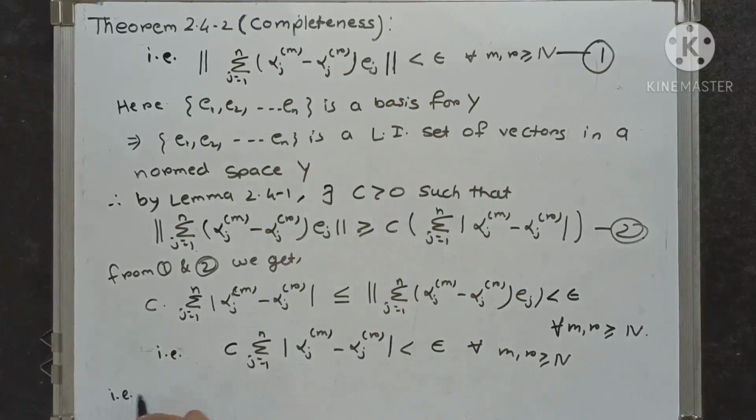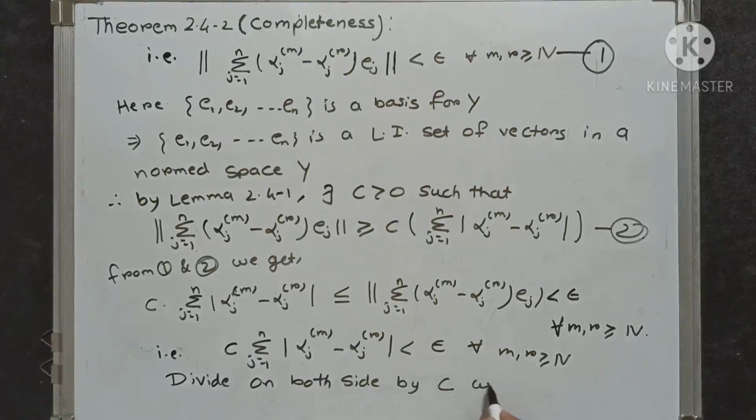That means c is not equal to 0, and as it is not equal to 0, we can divide on both sides by c, and we get summation j running from 1 to n mod of alpha_jm minus alpha_jr is less than epsilon by c.